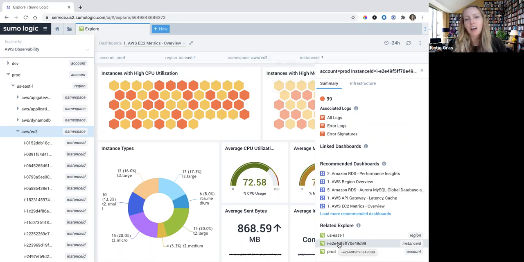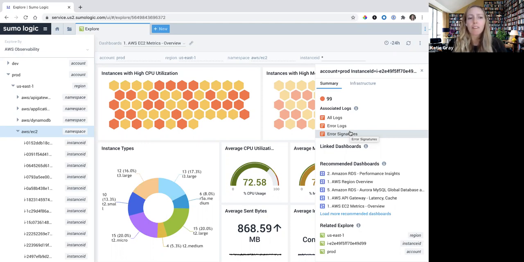And now I'm brought to information about not just the metrics, but I can also pivot to related logs or error logs about this particular instance. This is pretty key to our solution: not just providing you the metrics or logs data, but being able to connect those two pieces.